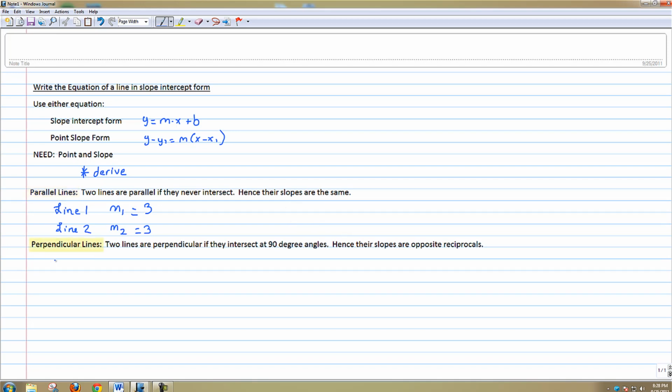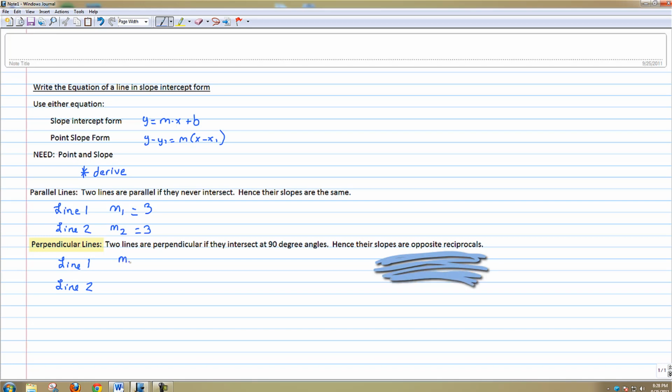If we're dealing with perpendicular lines, again, you're going to have 2 lines, but this time they actually intersect one another, and when they intersect, they form 90-degree angles. It may not be as obvious how the slopes relate to one another, but basically the slopes are opposite in sign and reciprocals of one another.